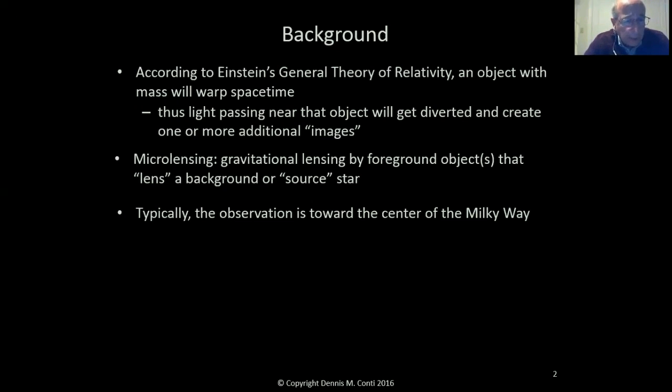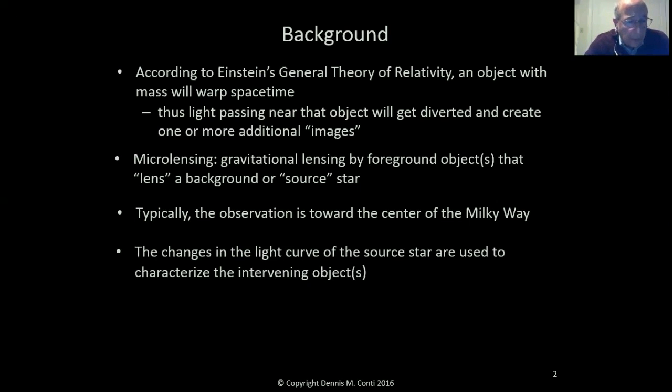Why is that true? Well, because that's where the density of stars is, and there's a higher probability of a planetary system or a star system moving between us and another star system. So the observations for microlensing, unlike the transit method, are principally concerned with observations toward the center of our Milky Way galaxy.